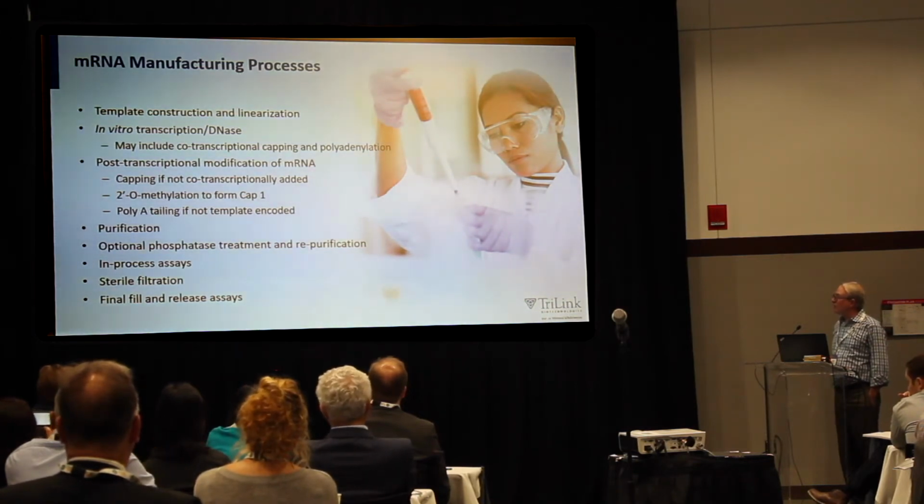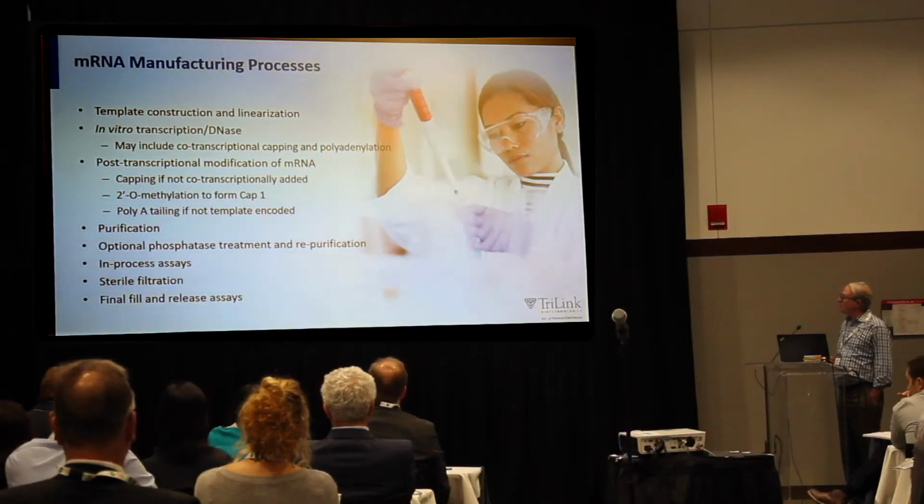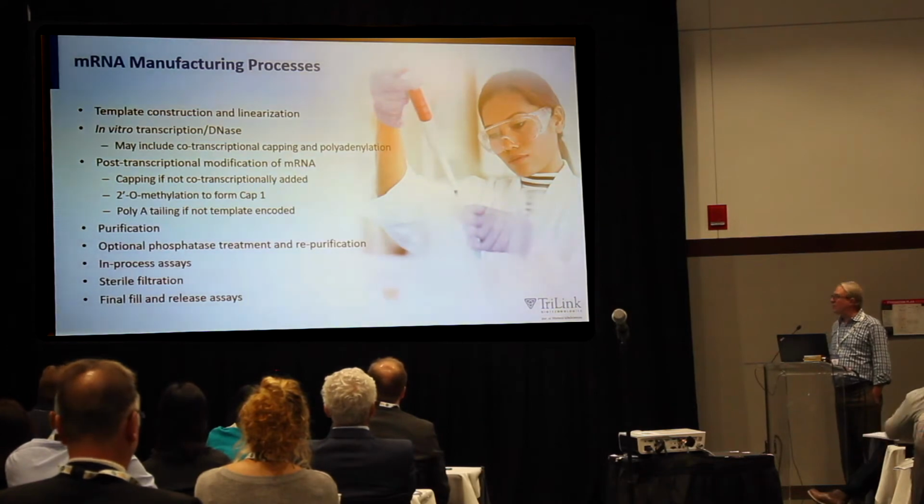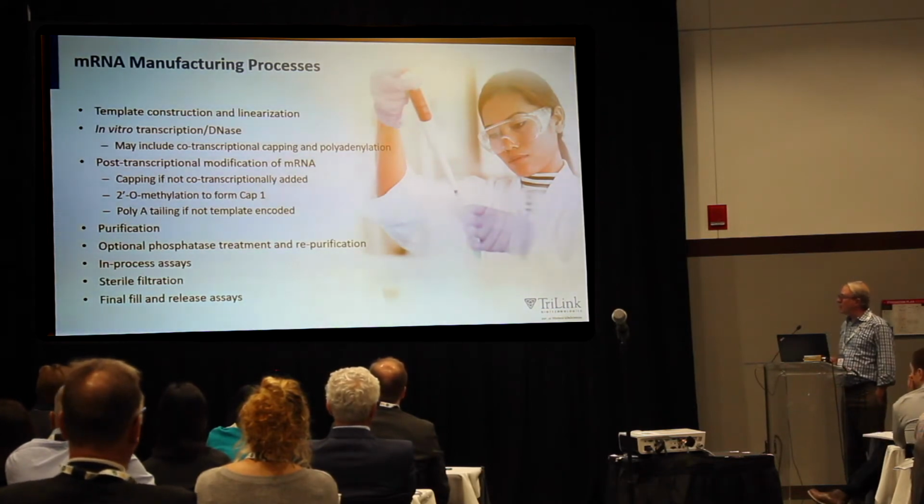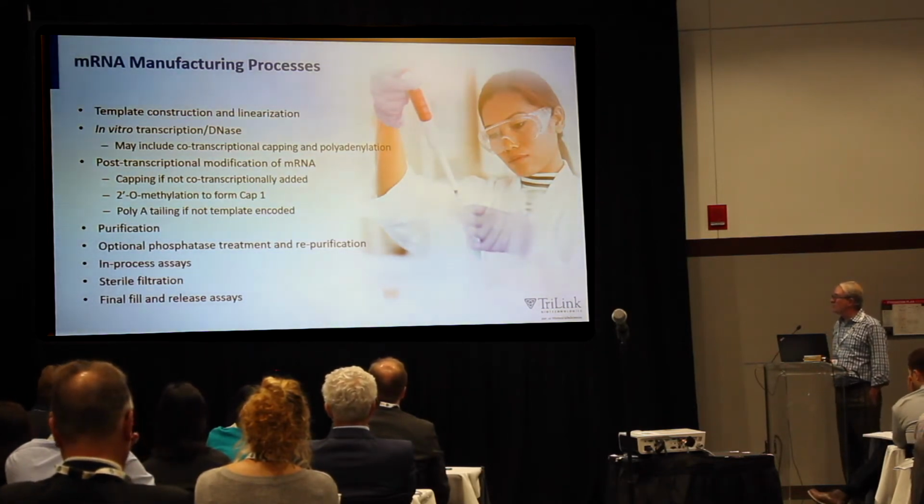You can 2'-O-methylate the RNA to form what's called a cap1 structure, and we'll talk a bunch more later on about cap structures. And you can add a poly-A tail if it wasn't templated. In general, we're doing a purification of the RNA, and then you can have some optional treatments, for example, a phosphatase treatment to remove residual triphosphates. There are generally in-process assays, and then sterile filtration and final release and fill.